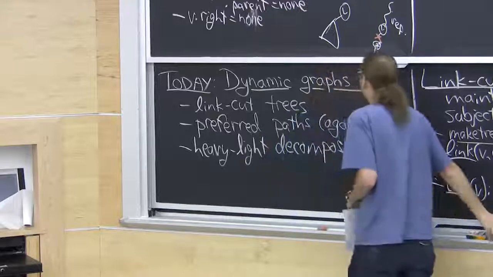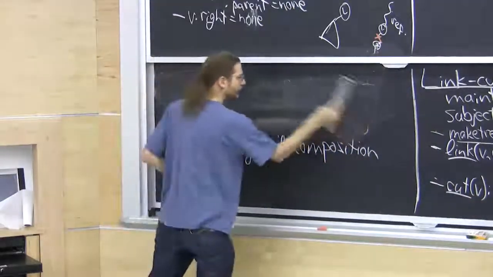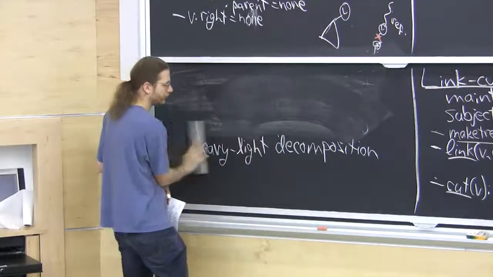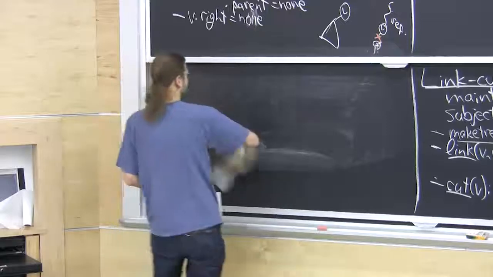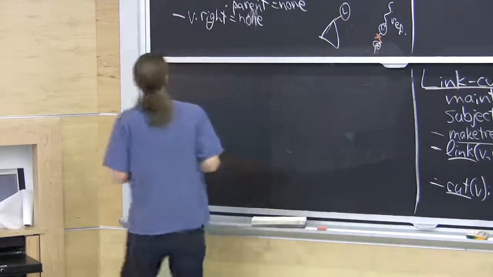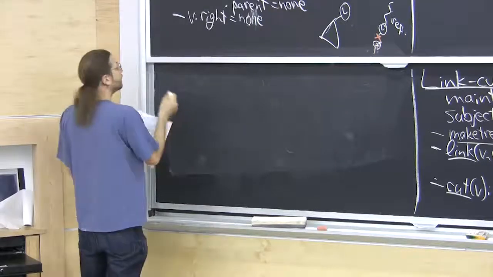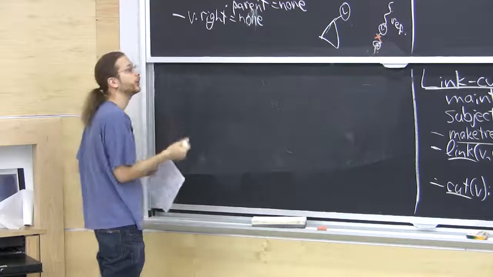Now we're going to walk up the tree. So we've seen everything on the outline except this heavy light decomposition. We'll come to that soon. Okay, so now we've got to walk up the tree and add new preferred child pointers.